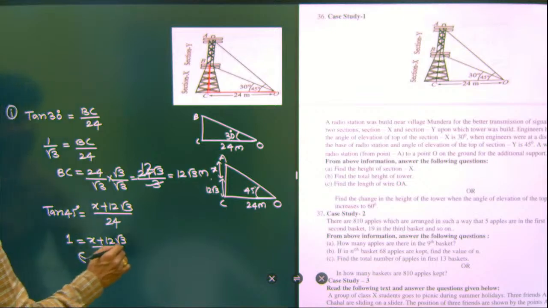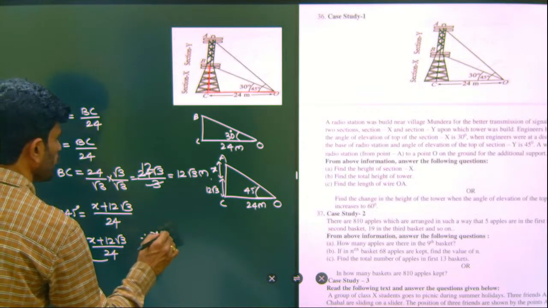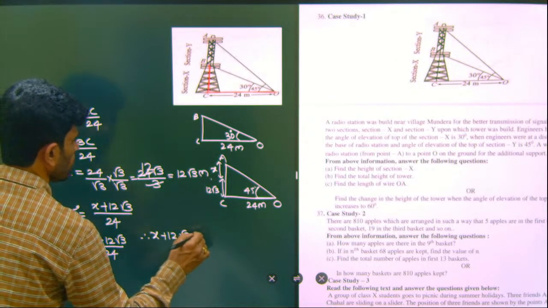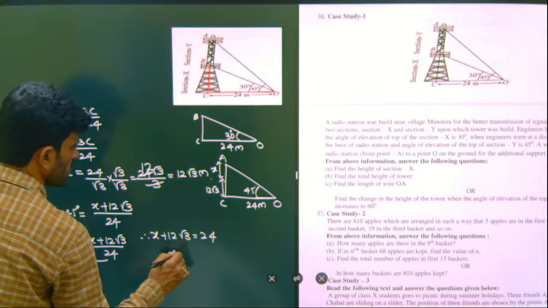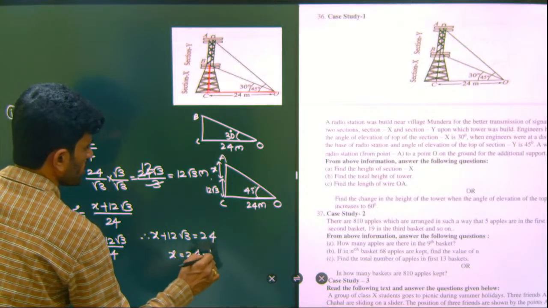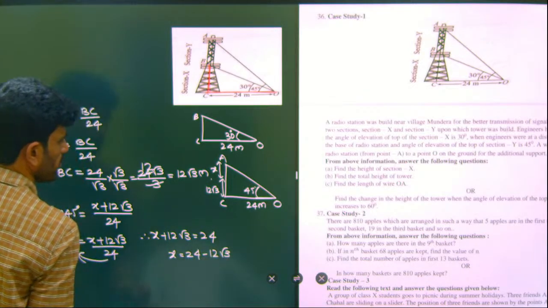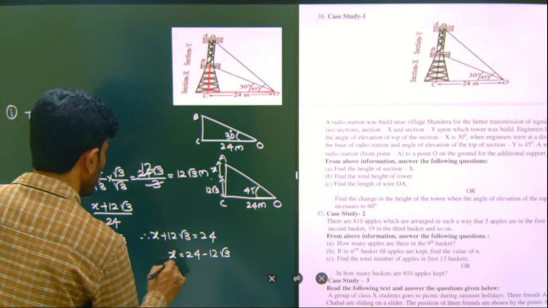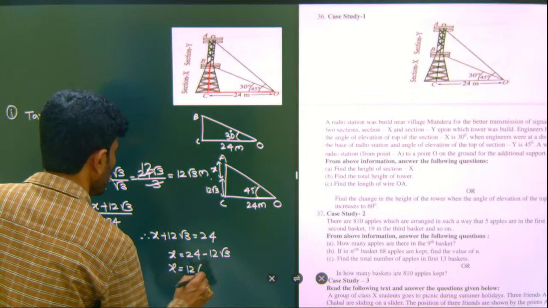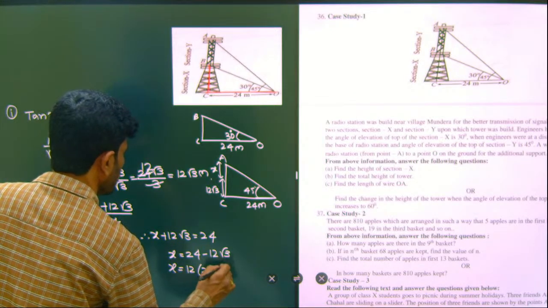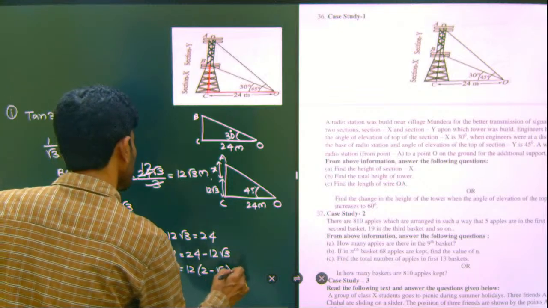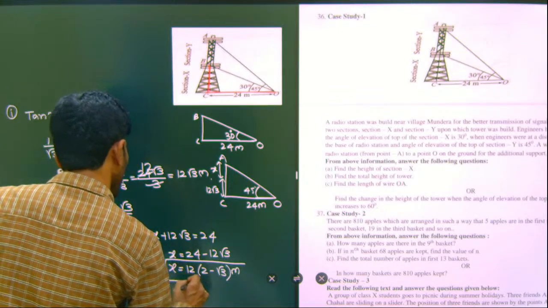Transpose 24 here, therefore x plus 12 root 3 is equal to 24, then x is equal to 24 minus 12 root 3. You can take 12 common, 2 minus root 3, which is the height of the upper section.